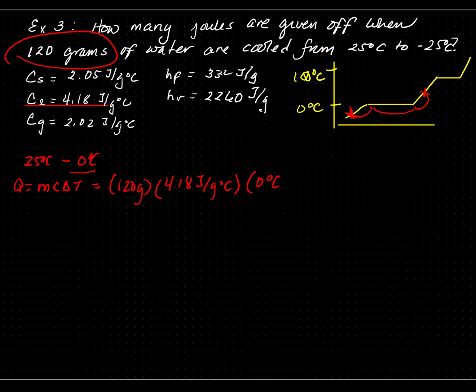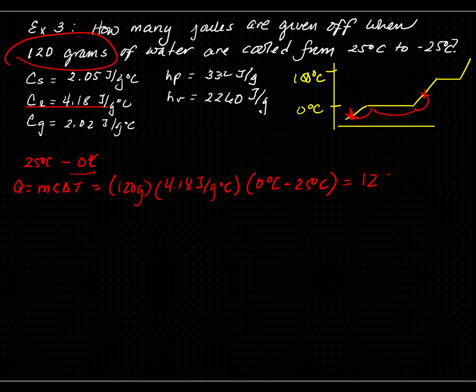My initial temperature is 25. So we do the parentheses work first. 0 minus 25 is a negative 25, times 4.18 times 120 is 12,540 joules. Now we are here.